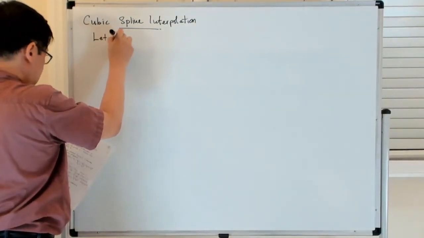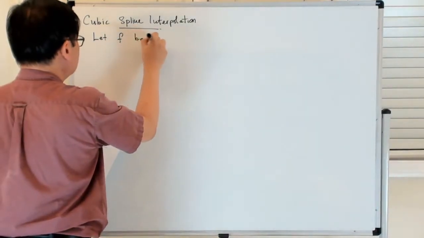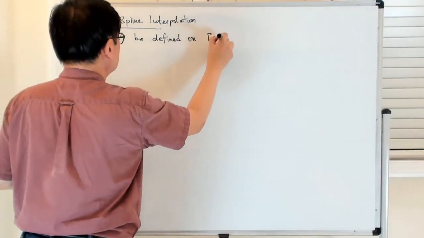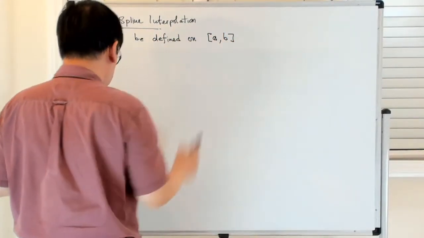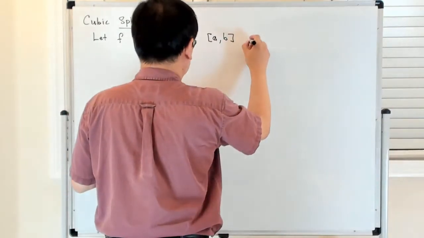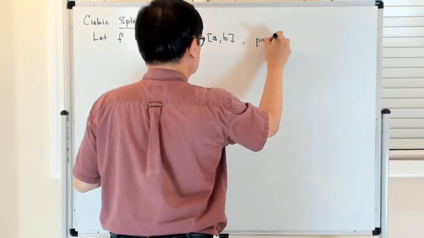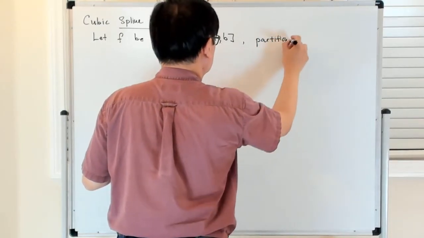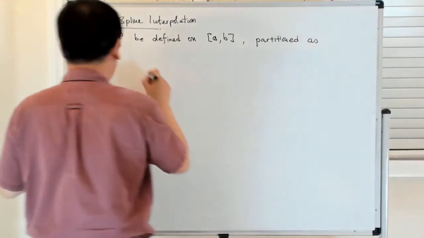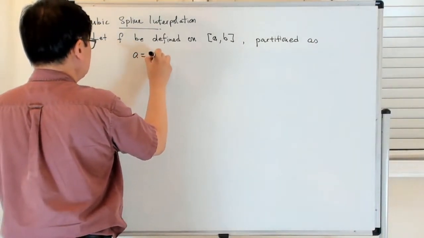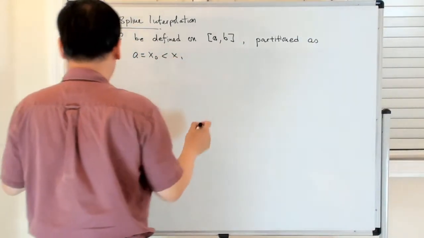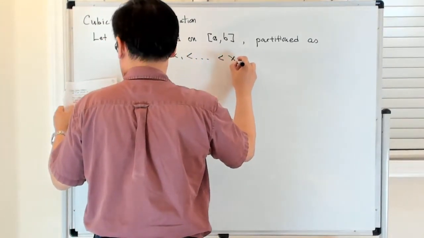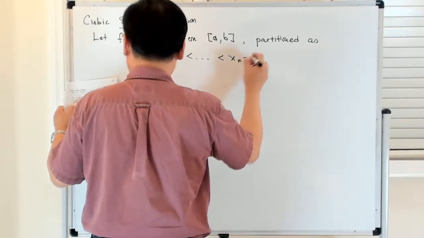So let f be defined on some interval a to b, and we partition this as follows. So a is x0, you have a sequence of xi's in increasing order, and xn is b.